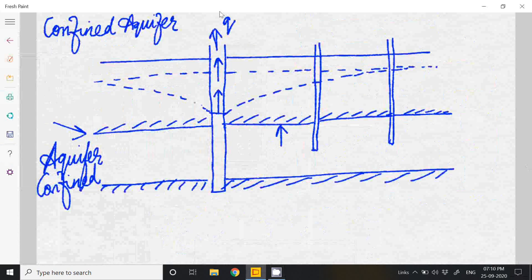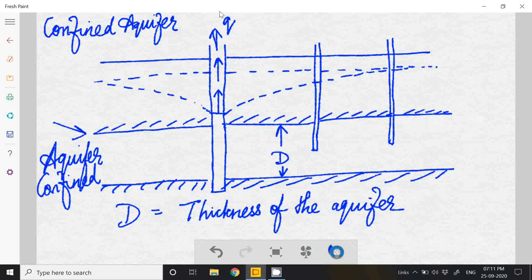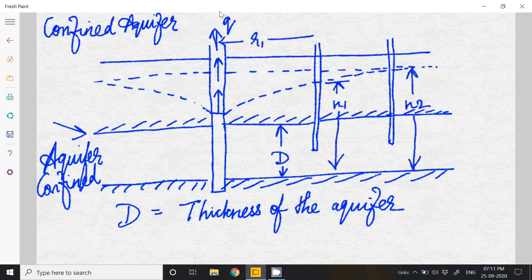This we take as the thickness of the aquifer, D. Consider this one as H1, this one as H2, this one as R1, and this one as R2.